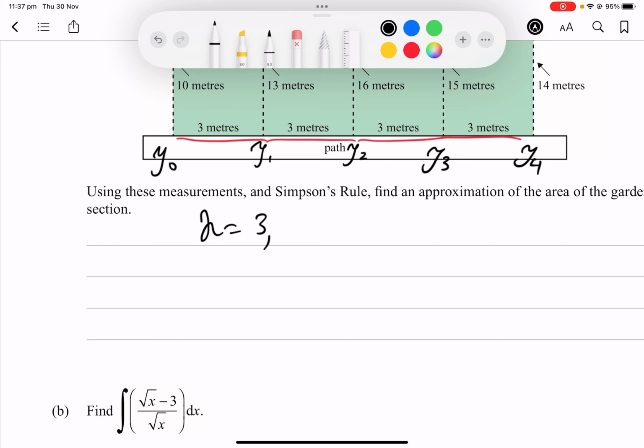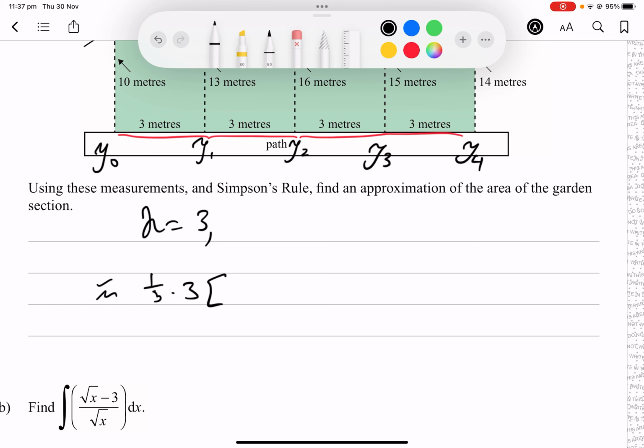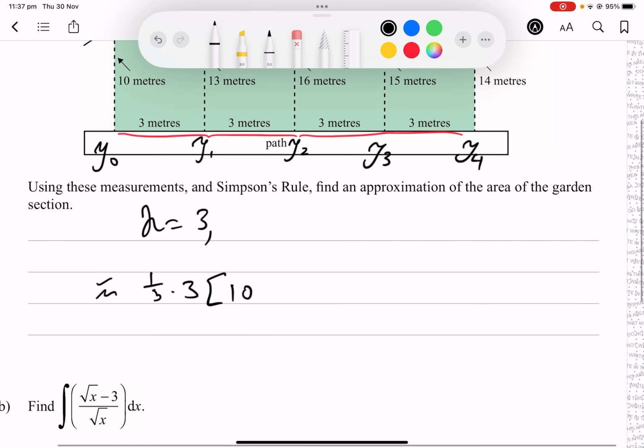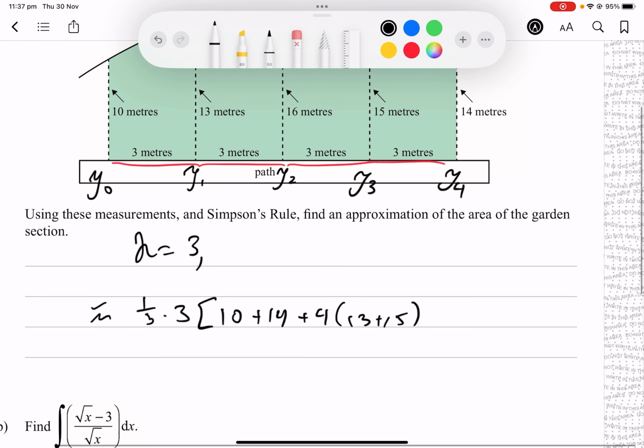So the approximation is 1 on 3 times h, which is 3, multiplied by y0 plus the last one, so that's 10 plus 14, plus 4 times all the odd indexes, so 4 times 13 plus 15, plus 2 times all the even indexes, so plus 2 times 16.